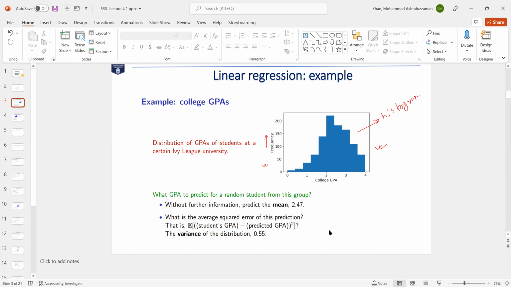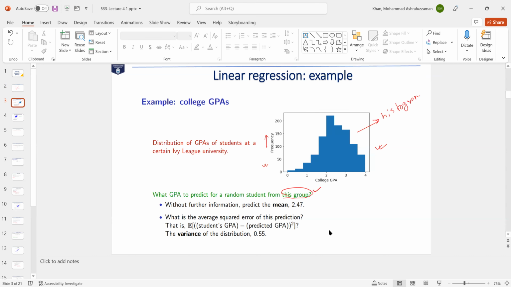Now, if we want to predict the GPA for a random student from this group, how do we do it? We have no other information. We only have this chart.